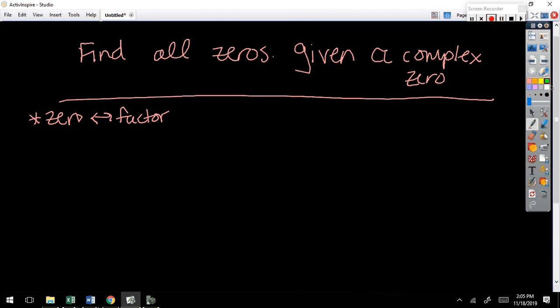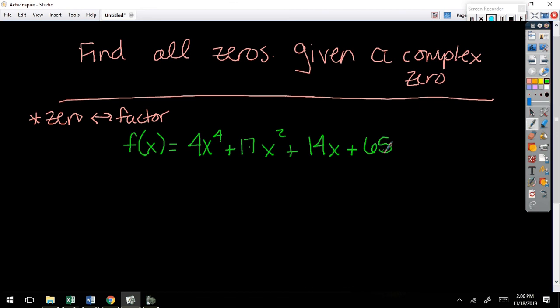Let's say I have f of x equals 4x to the fourth plus 17x squared plus 14x plus 65. And I told you that x equals 1 minus 2i is one of the zeros. How might you find all the other zeros?